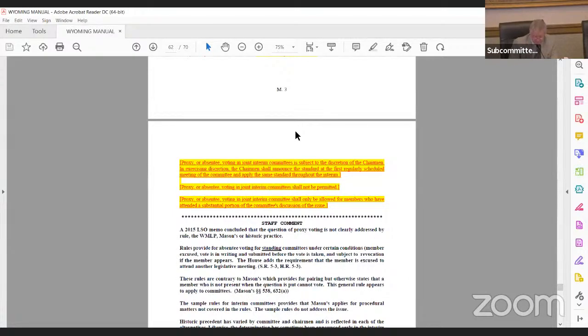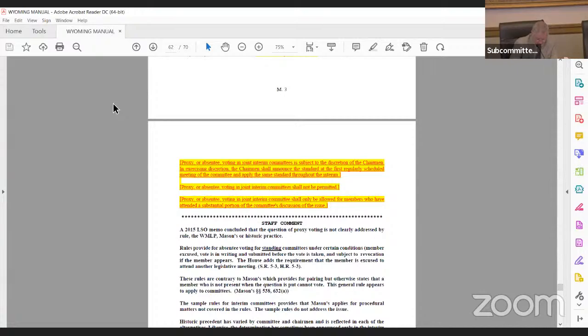One is to allow it subject to the discretion of the chairman. 2 is prohibit it completely, which would follow what Mason's generally does: if you're not present in committee when the question's put, you don't get to vote. And 3 is a kind of compromise position, which is up to the chairman, but the member shall have attended a substantial portion of the committee's discussion of the issue.